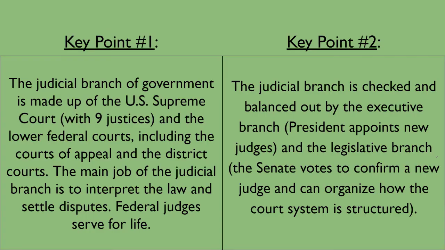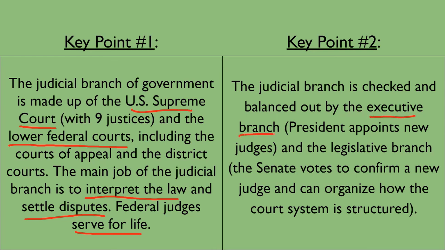All right, key point number 1, again: the judicial branch of government is made up of the U.S. Supreme Court with 9 justices and the lower federal courts, including the courts of appeal and the district courts. The main job of the judicial branch is to interpret the law and settle disputes. Federal judges serve for life until they retire or pass away. Key point number 2: the judicial branch is checked and balanced out by the executive branch.